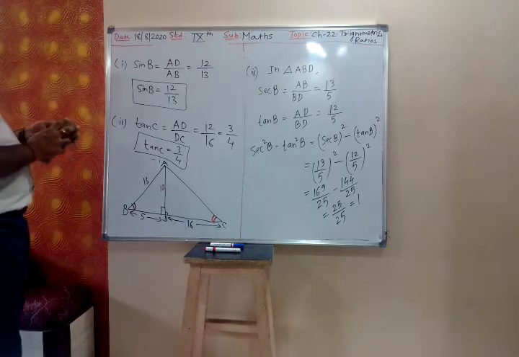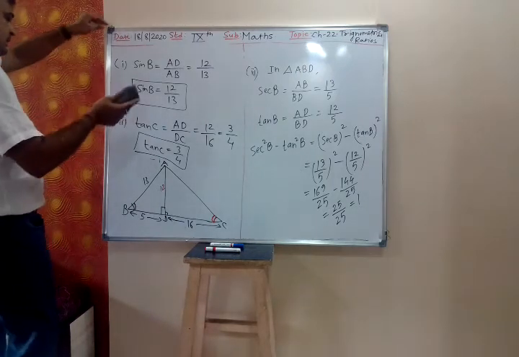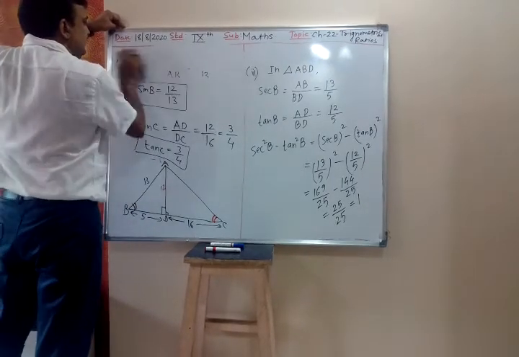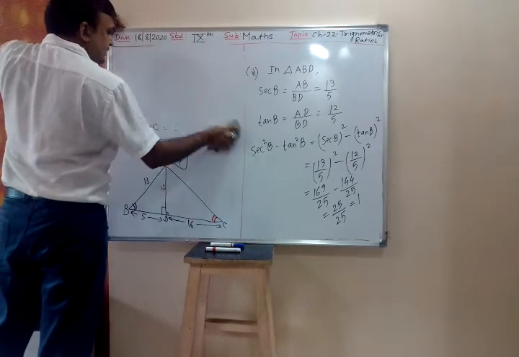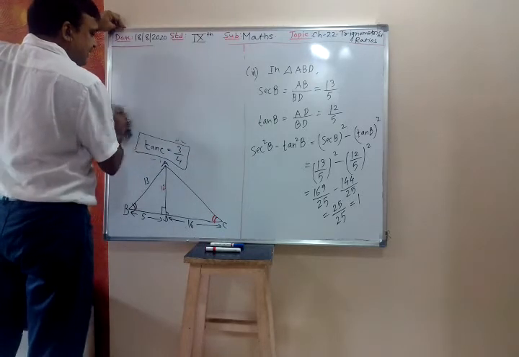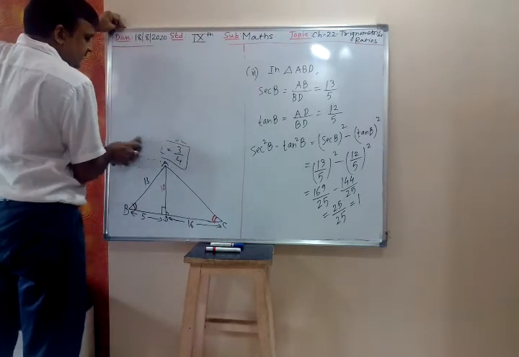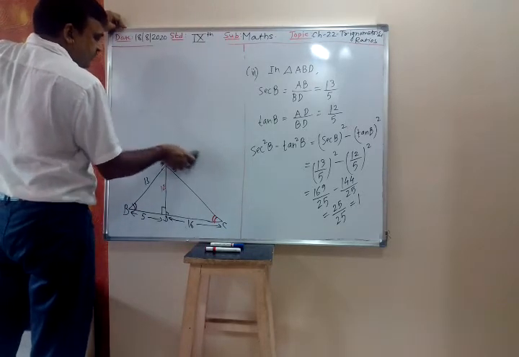Now the fourth one: find sin square C plus cos square C. So now my C will be the reference angle.